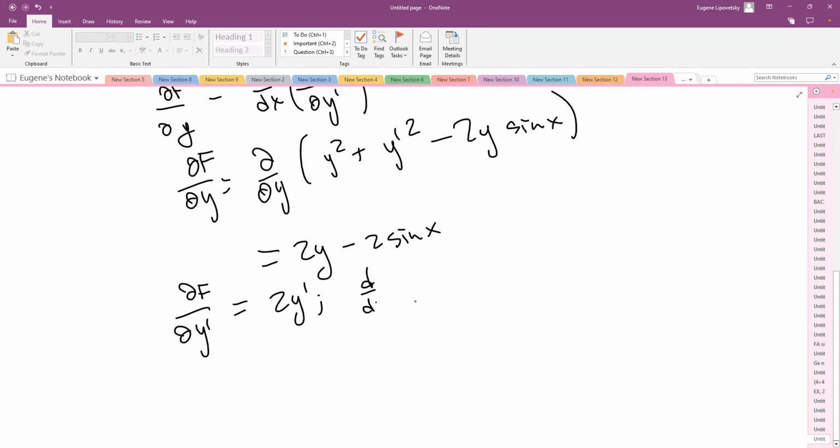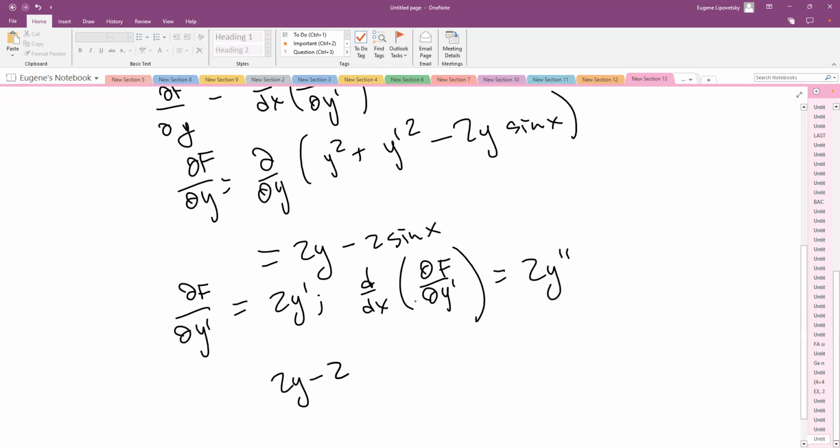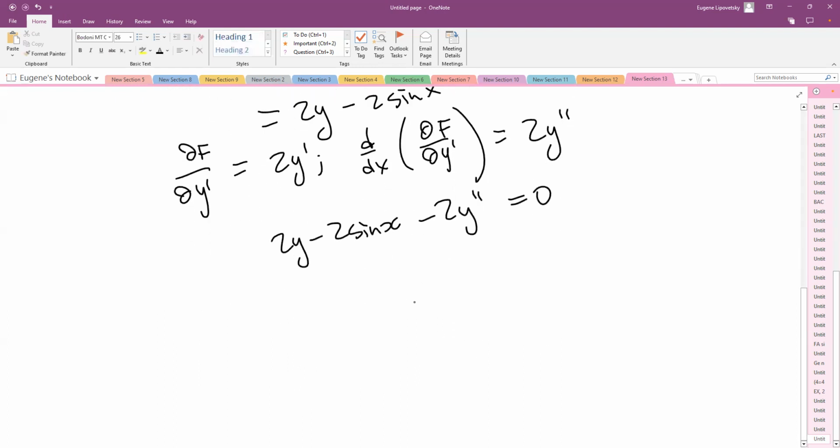So d over dx of df over dy prime equals 2y double prime. So we'll have 2y minus 2 sine x minus 2y double prime equals 0. Bringing it to one side and dividing by 2, we'll have y double prime minus y equals minus sine x.